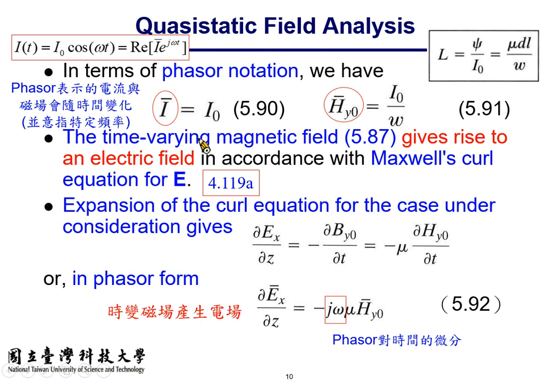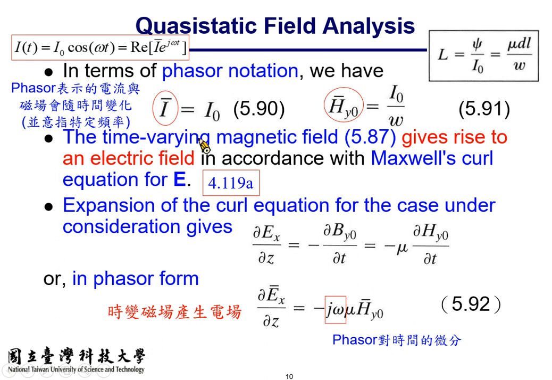So the current is I sub 0, which is actually a time variant signal. The magnetic field, pointing toward the y direction, is written as H sub y0 bar. The bar on top indicates that it's a phasor signal, and it equals I sub 0 divided by W.